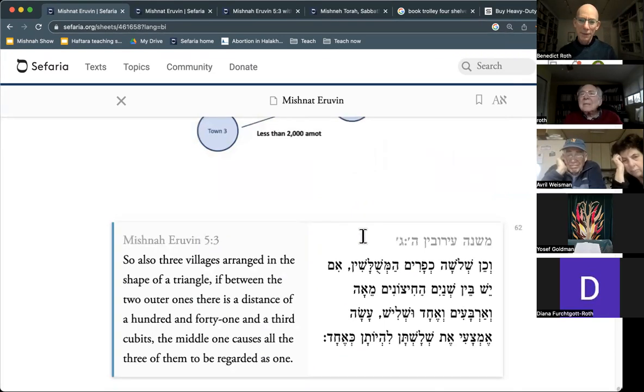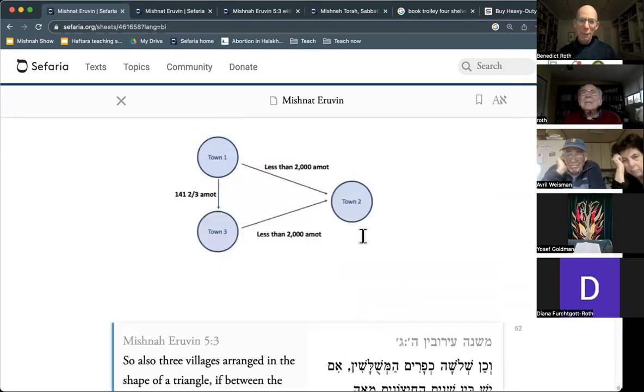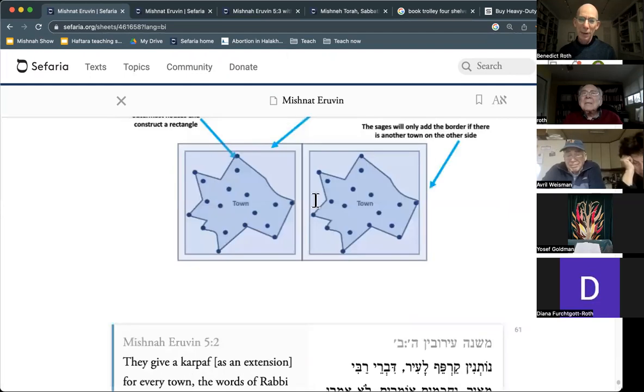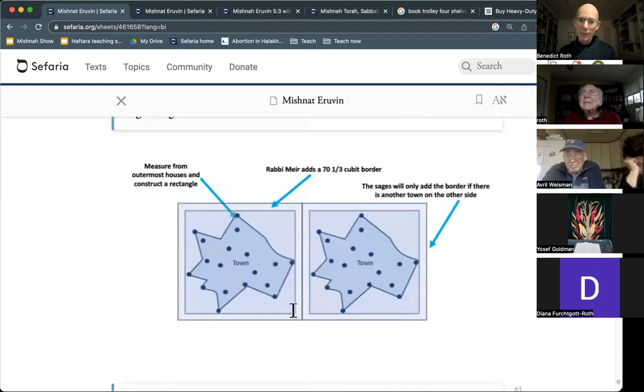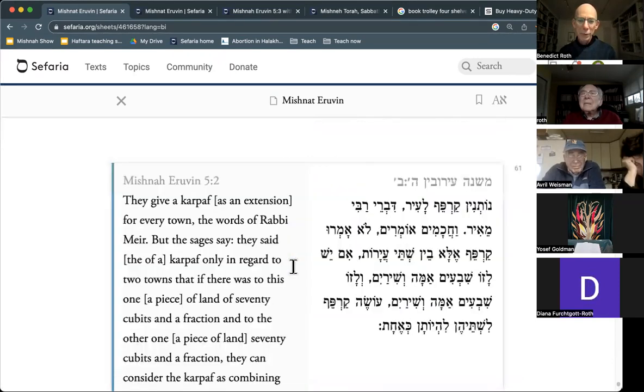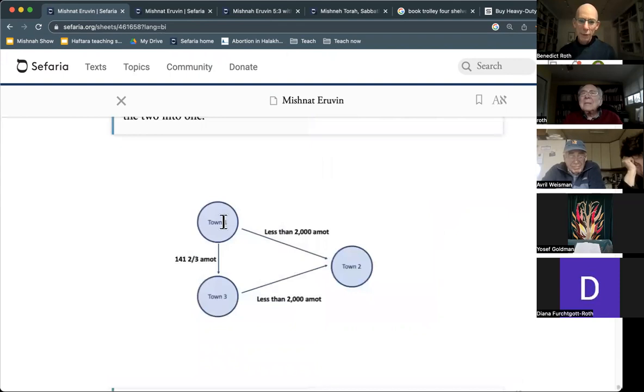We've got three villages arranged in the shape of a triangle. Look, I've drawn them out for you. We've got town 1 and town 3, the two outermost villages, and they have 141 and 2/3 amot between them. So we're thinking about these villages almost like the two towns above where the sages add the boundary in the middle, because there's 141 amot between them. So we've got two towns with a narrow space between them, and we've got a third one in a triangle some way off.